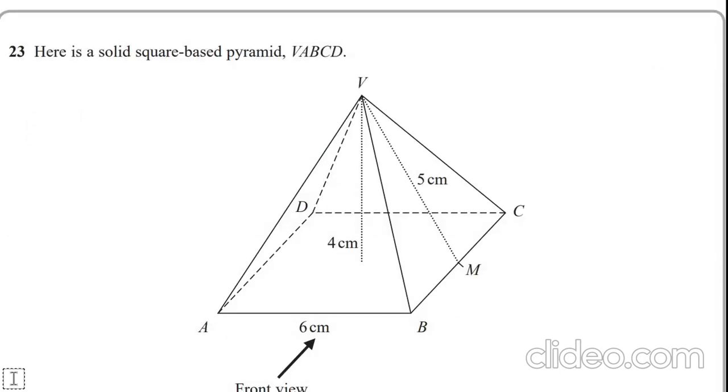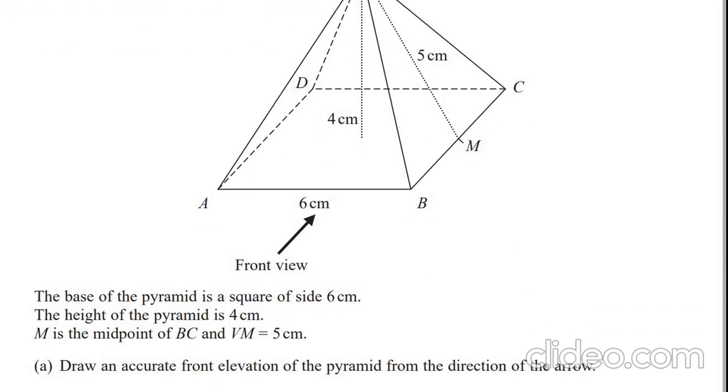Number 23. This is a pyramid, a square-based pyramid. Draw an accurate front elevation of the pyramid from the direction of the arrow. So basically, if you stand right in front of this pyramid, what will you see?